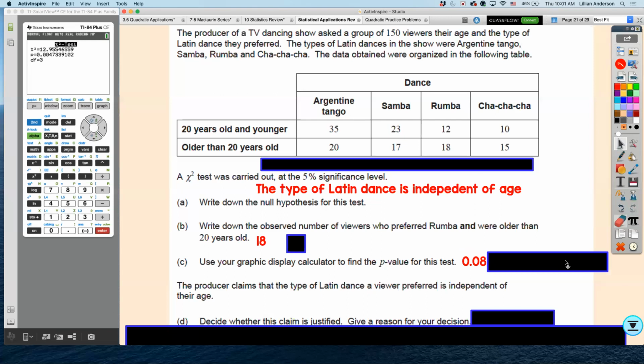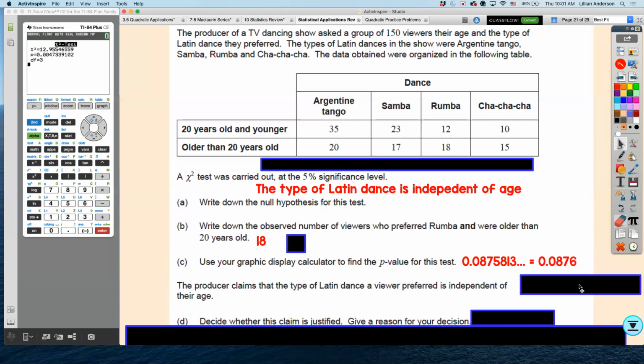It's only one. So I need to go 2 more. Remember, significant figures, we start with our first non-zero number and then we make our count. So this is my number. 0.0876. So be very careful. Don't lose that rounding penalty.